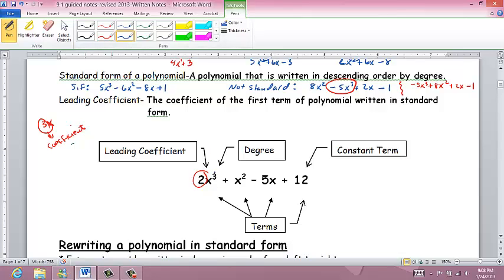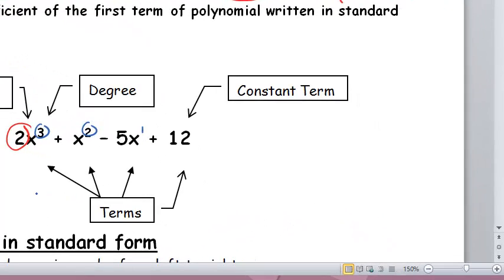We already stated the degree of a polynomial is basically the exponents on the variable expressions. But the degree of the polynomial is the highest degree within the polynomial. Then we have the constant term, which is always the term without any variables linked to it. Now, if you notice here, we point out all the terms.